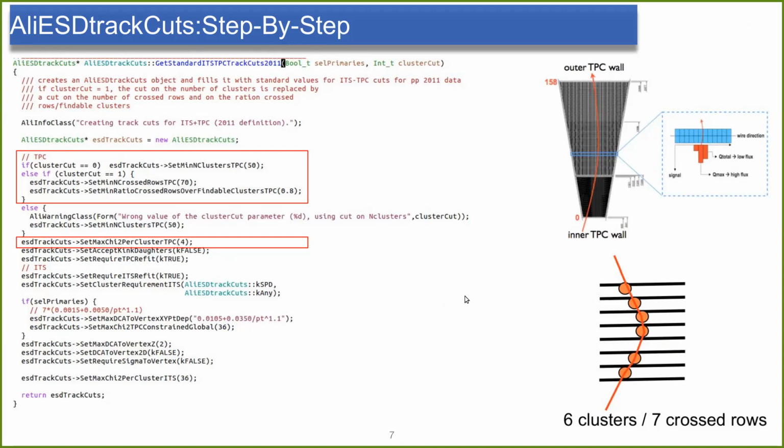When you do this fitting, you have some chi-square of the fitting. So it's basically the maximum chi-square per cluster. You extract the chi-square from your track fitting in the TPC range, then you divide it by the number of clusters. And if the chi-square per cluster is less than 4, then you select that track as a good track.